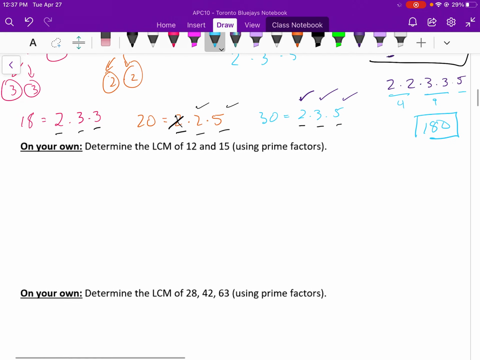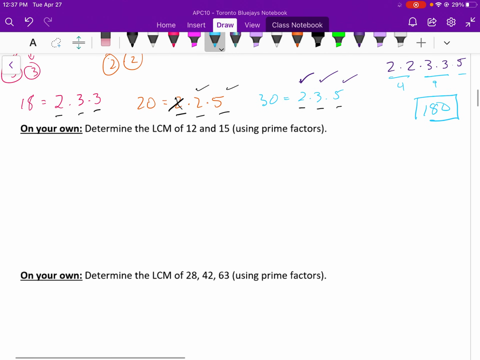So let's go do another example. 12 and 15. If I take 12 and 15, what I'm going to do is break it up into their prime factors. Now I'm going to go a little bit faster if you don't mind, because 12 is really 4 times 3.